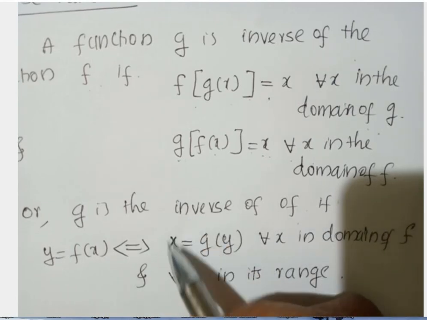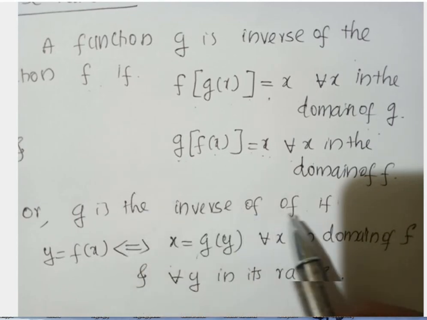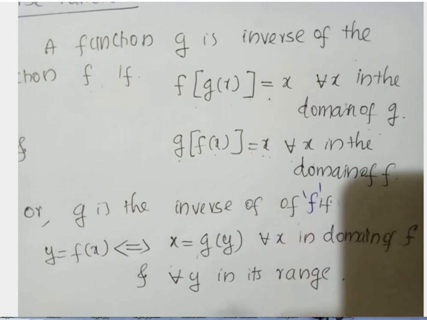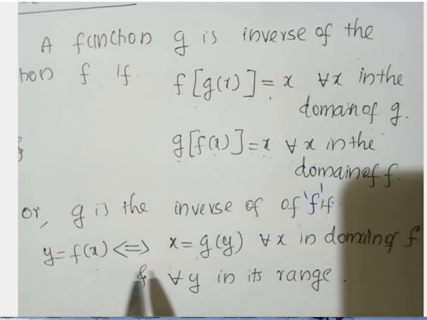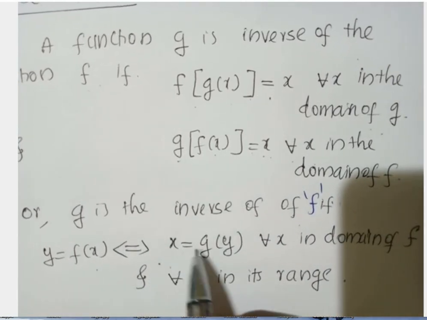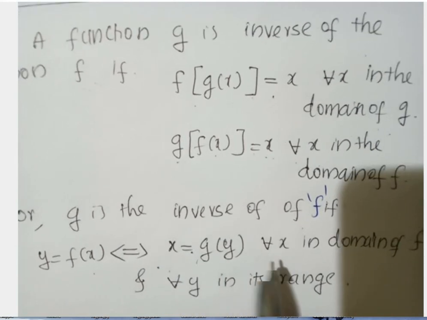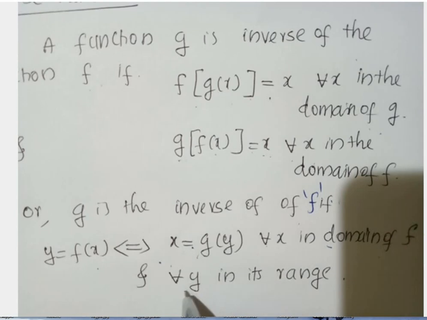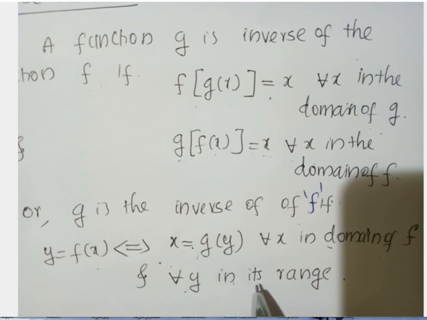Or equivalently, we can say that g is the inverse of f if y equal to f of x if and only if x equal to g of y, for every x in the domain of f and for every y in its range.